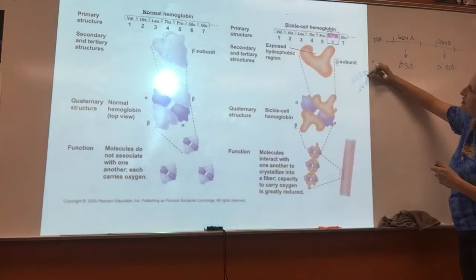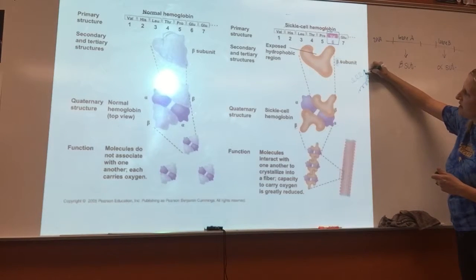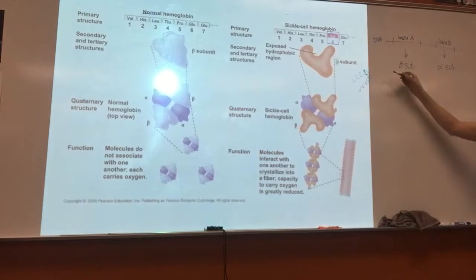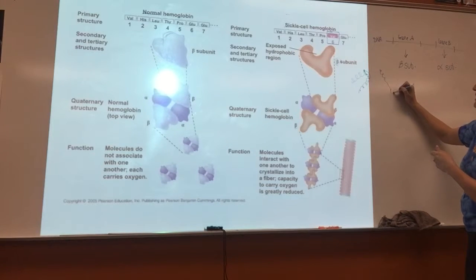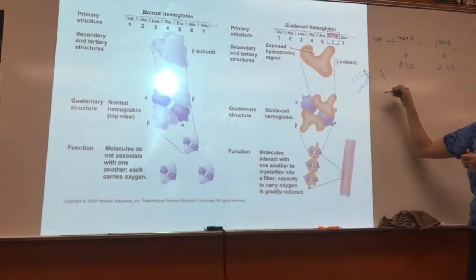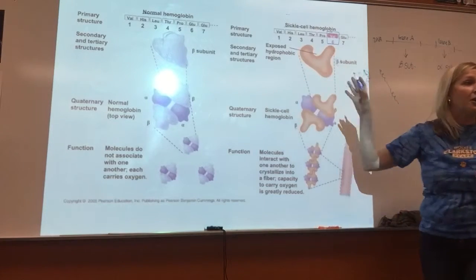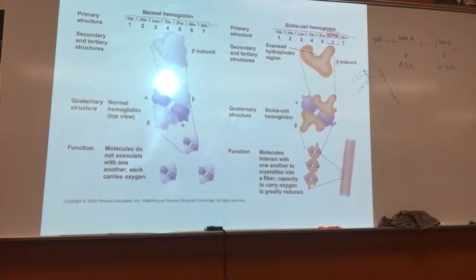If we got rid of this amino acid in this spot and replaced it with another amino acid with a different R group, that R group may not bond with this R group, which means you won't have that curve, and it'll look like this, all right? So you wouldn't have that curve, and that's what's happening here. When you substitute one amino acid for another, if it's an amino acid that's important in stabilizing one of those curves, then you've got an issue.